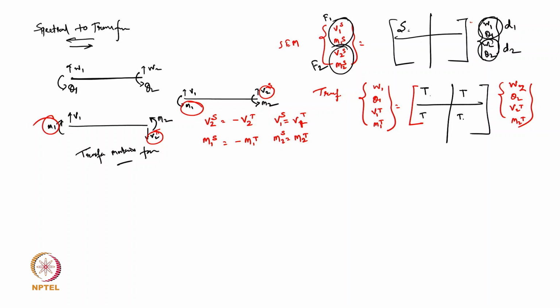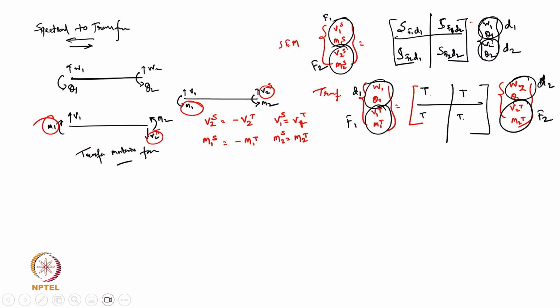So I can write the spectral matrix as S f1 d1, S f1 d2, S f2 d1, S f2 d2. And for the transfer matrix, with displacement of 1, force of 1, displacement of 2, force of 2, I write T d1 d2, T d1 f2, T f1 d2, T f1 f2. That way we can write the full thing.